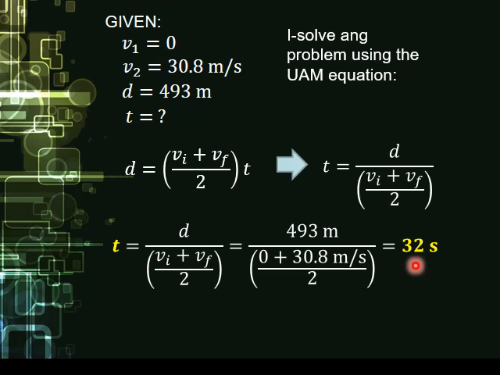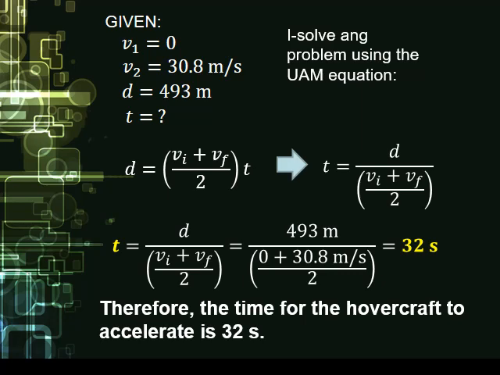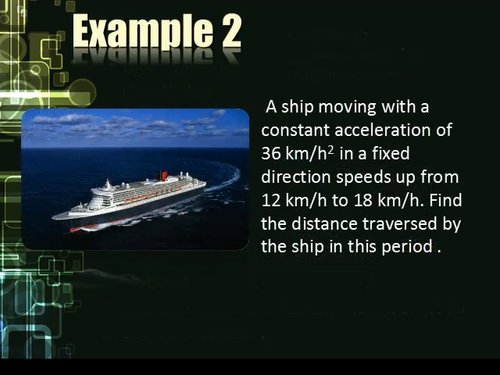Or another option is, ito muna ang isolve nyo, kung ano yung makuha nyong sagot dito, yun ang ipang-divide nyo dun sa 493. Therefore, the final answer here is 32 seconds. And so, it takes the hovercraft 32 seconds to accelerate.